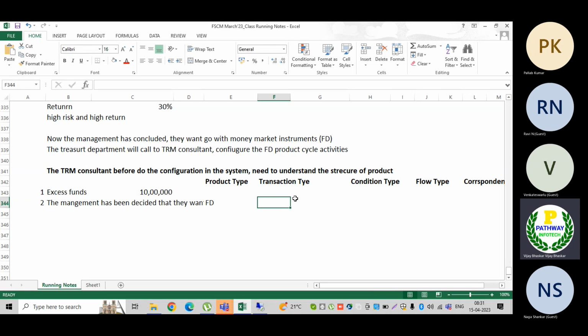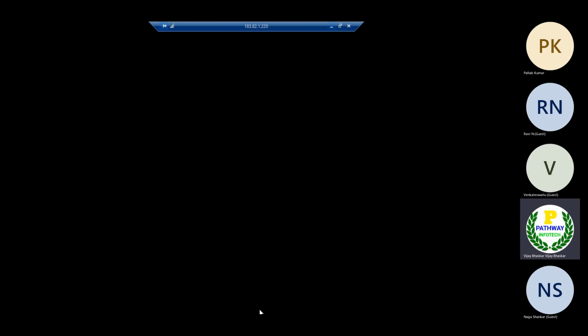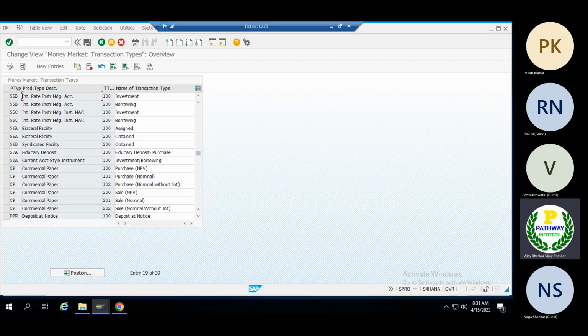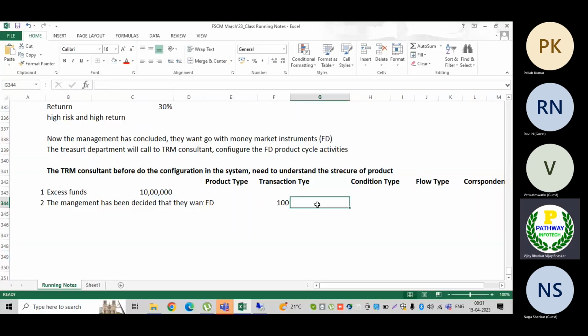Then what is the transaction type? There are two types of transaction types. 100 is the investment and 200 is the borrowing. So 100 is what we need to consider as the transaction type. Then the condition type.